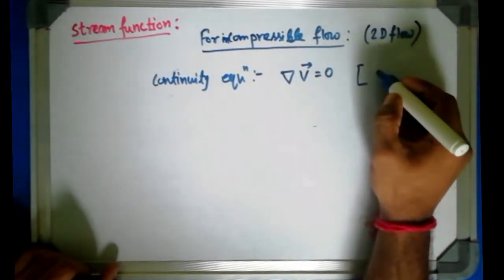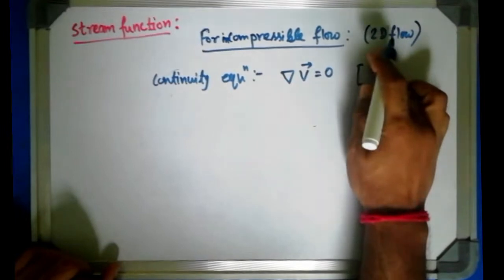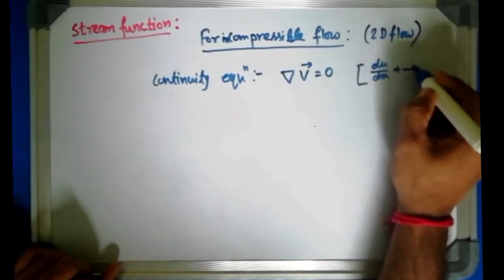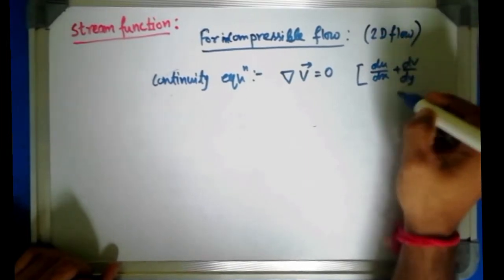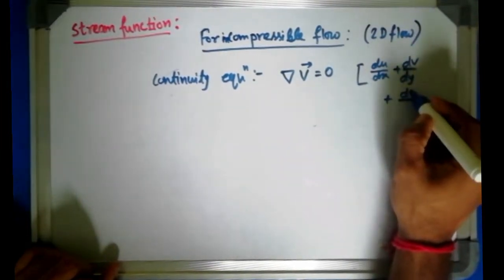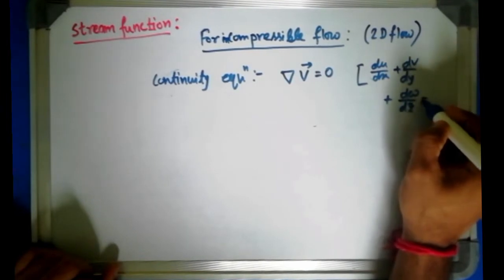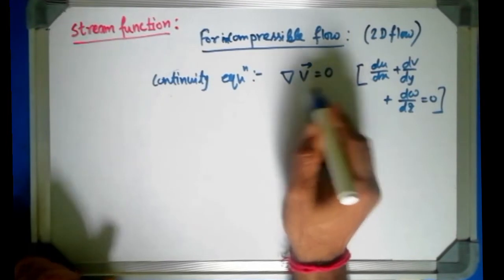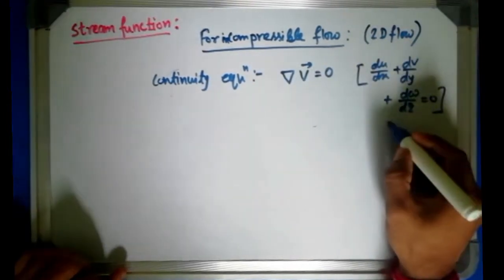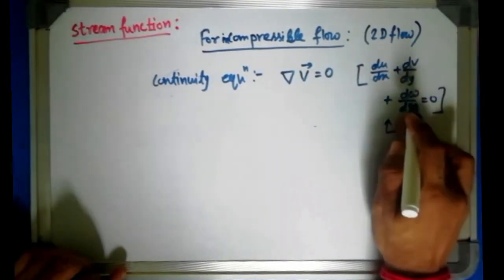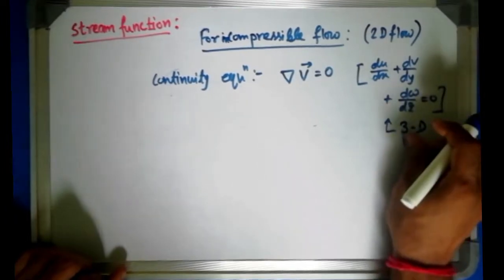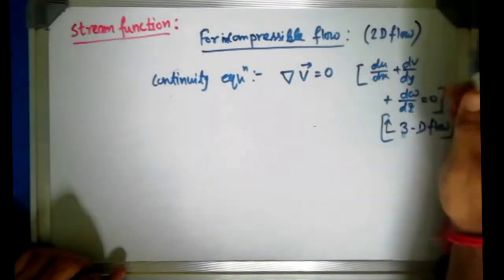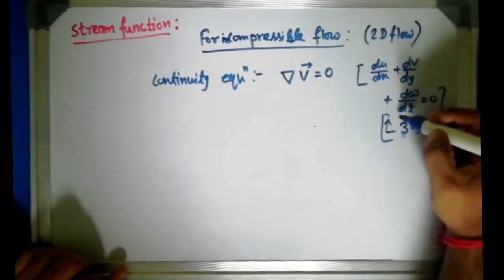If I expand it, I can write du/dx plus dv/dy plus dw/dz equals 0. If it is a 3D flow, it can be written like this, and if we consider only 2D flow, then obviously the dw/dz term will be cancelled.